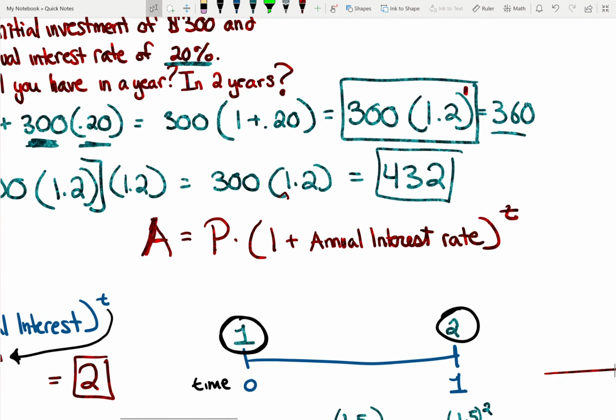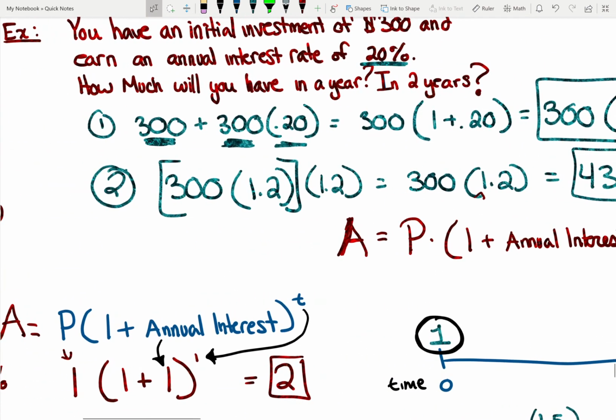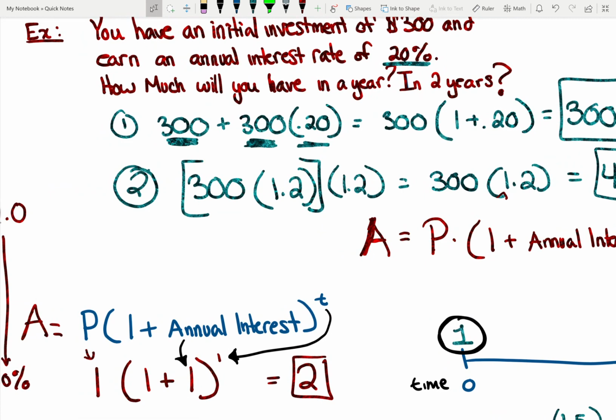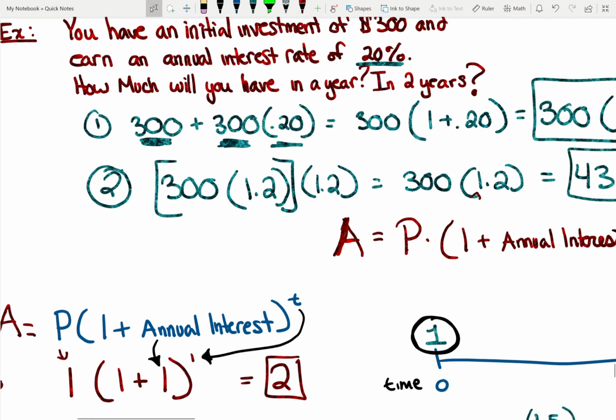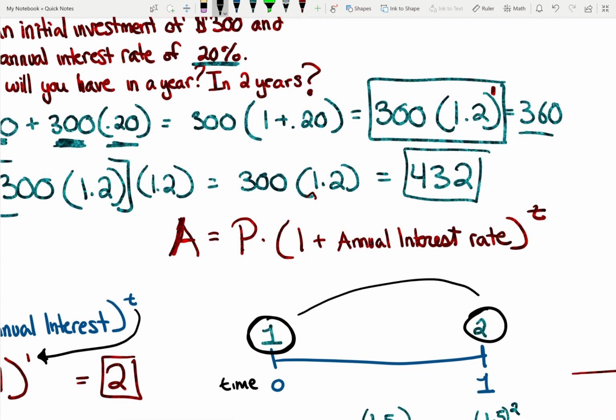But what if I want to do this? Rather than having all 100% of that interest rate come at the end of the year, see, I gained that 100% right here at t equals 1 at the end of year 1. Instead of gaining all of that interest rate at the end of the year, what if I want to split it up?